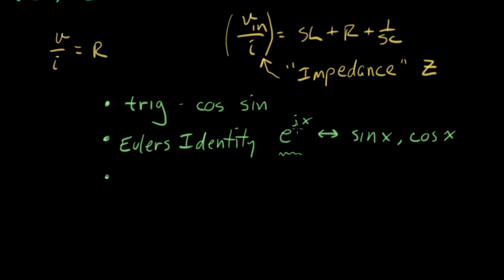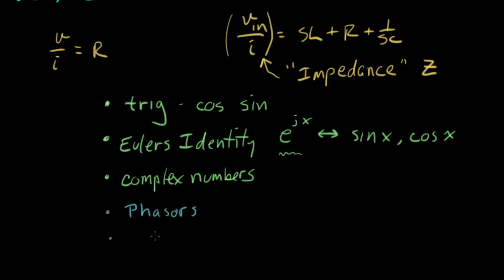Now, when we use Euler's identity, we're going to get this little complex number that keeps coming up. So we're going to review complex numbers. That's the 3 review topics. And then we're going to move on, and after that, we'll define something, these phasors.